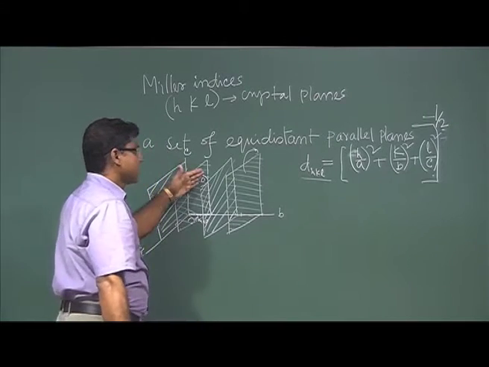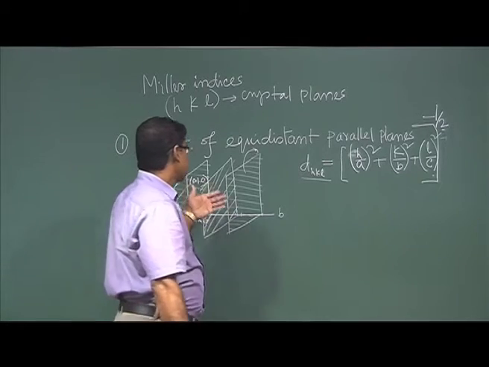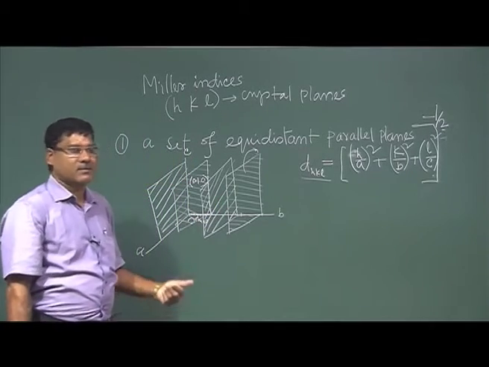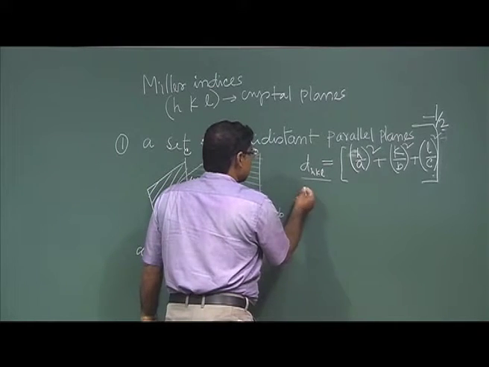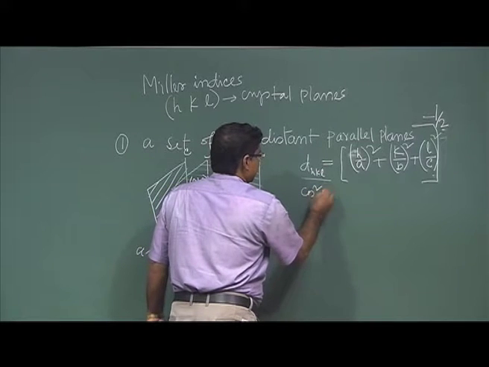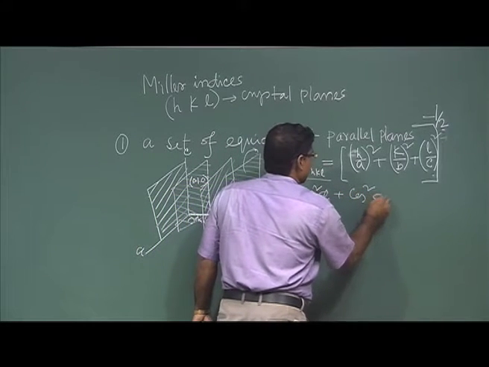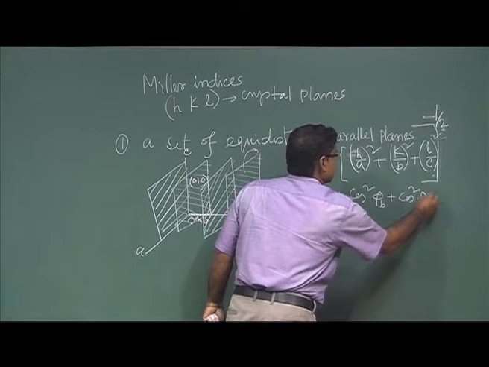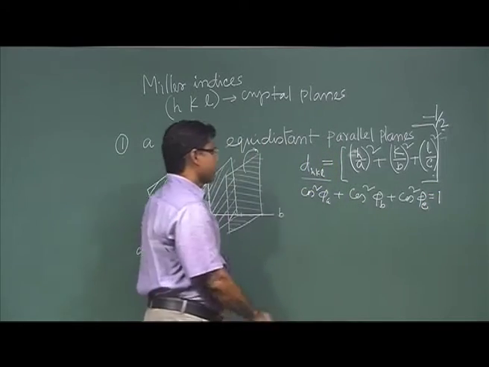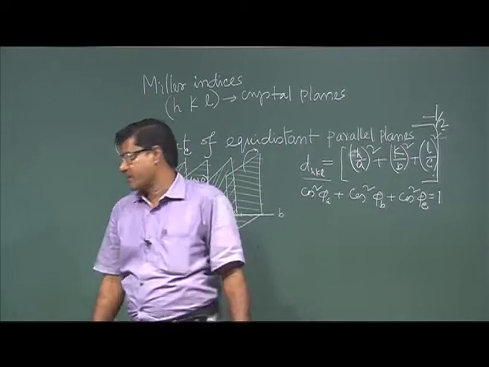It makes angles with these three axes, and the direction cosines are the cos of those angles, which follow a rule: cos square phi a plus cos square phi b plus cos square phi c equals one.